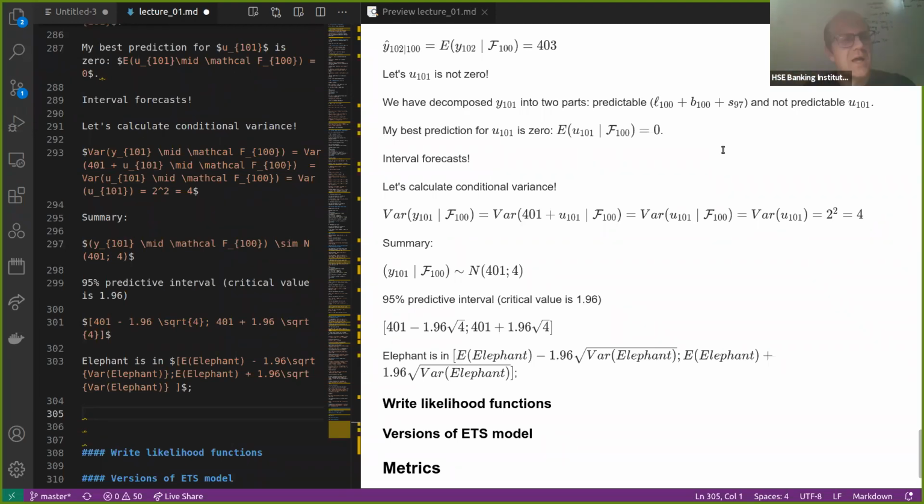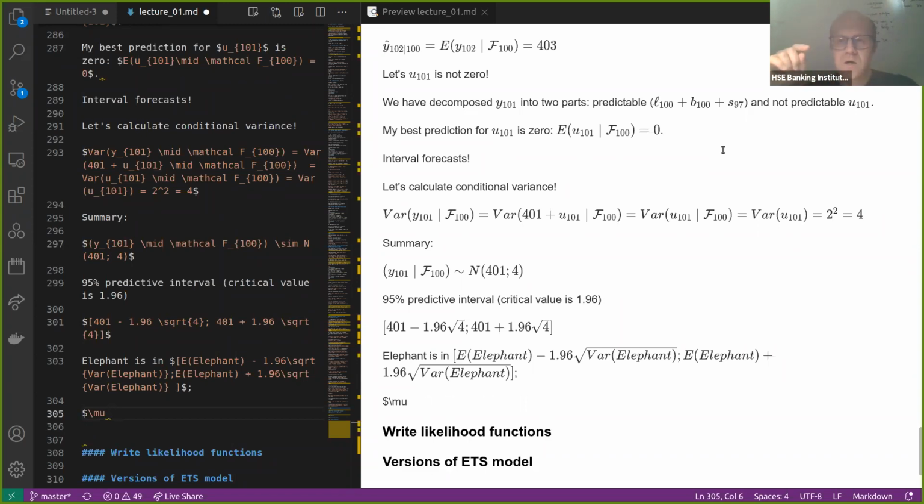So mu in statistics is estimated by y bar, the sample mean, and then the standard deviation of y bar is just called standard error.